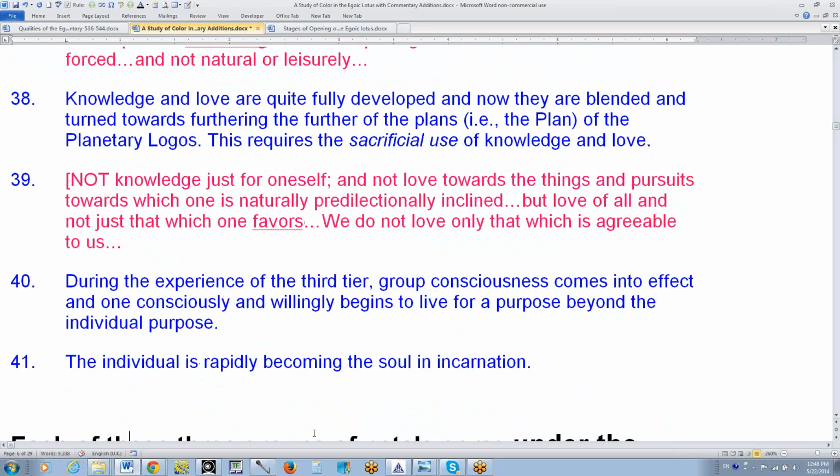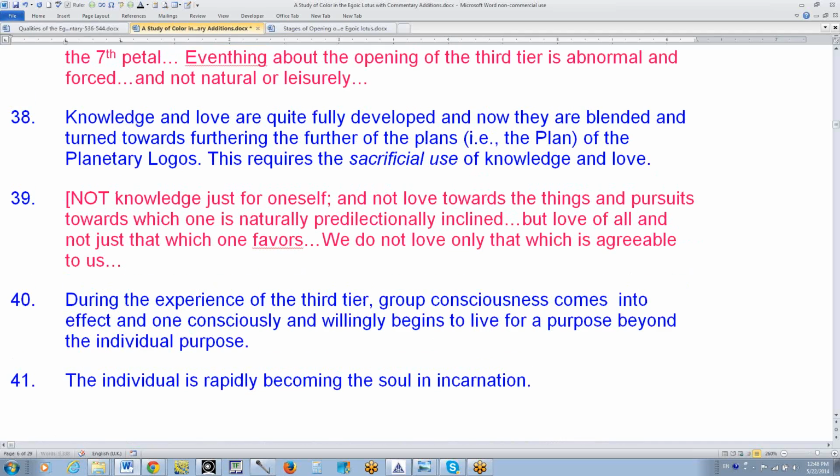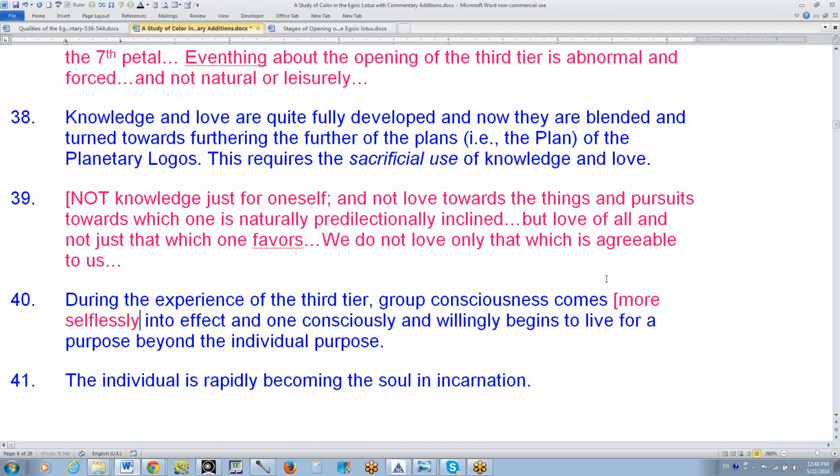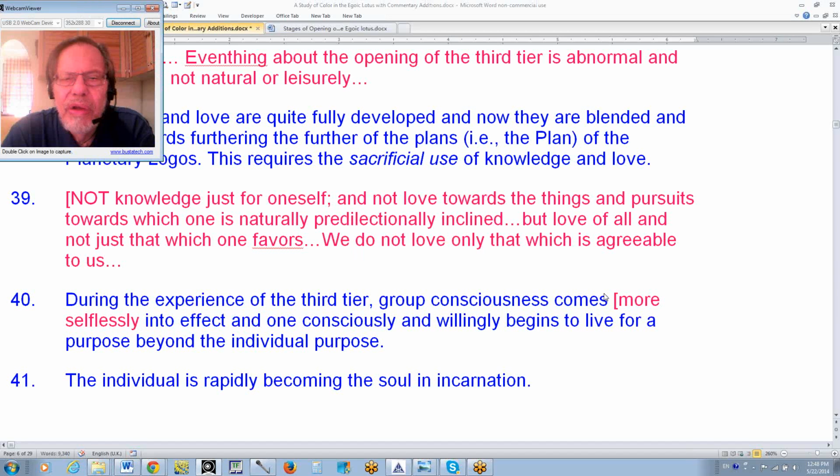And during the experience of the third tier, group consciousness comes into effect, and I want to say comes more selflessly into effect, because it's already there, somewhat, even in the early days when the first tier springs open. But it's a selfish kind of group consciousness. It's a kind of group consciousness which is cultivated for the welfare of the individual who is involved in it.